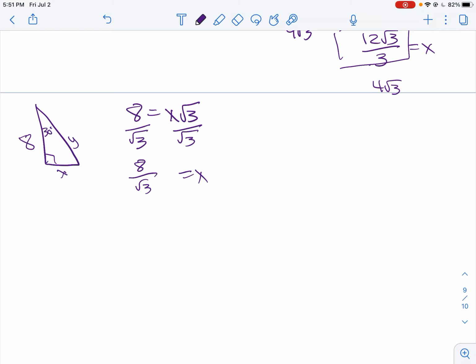And because I can't have radical 3 in the denominator, that means I'm going to multiply the numerator and the denominator by radical 3. So I get 8 radical 3 over 3 is equal to x.